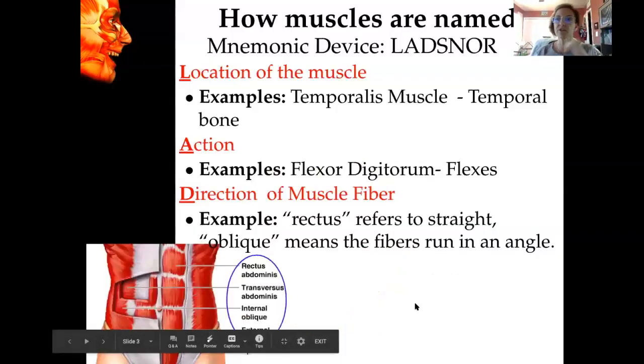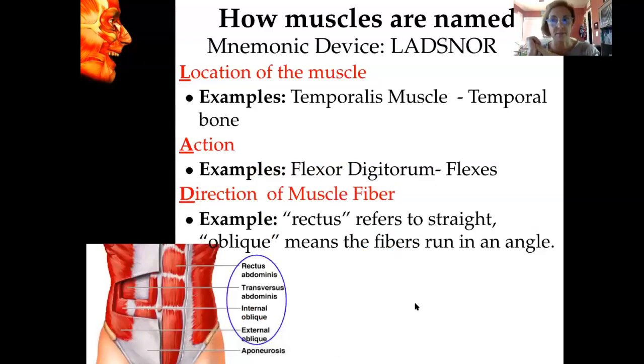So first I want to review LADSNOR. Most of us are getting the concept of LADSNOR. A few of us are still struggling. LADSNOR is a mnemonic that tells you how muscles are named. The reason that is useful is because you could see the name of a muscle that you've never been introduced to, and you would be able to know something about it.